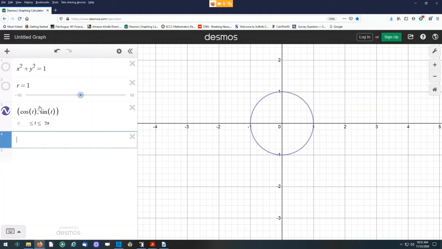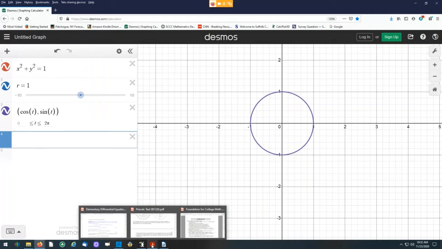And there it is. So it doesn't like the theta value, but you can call it the parameter t. Theta or t is just the same thing, and it gives me the same exact graph either way. All of these are three different ways of drawing the same exact equation.